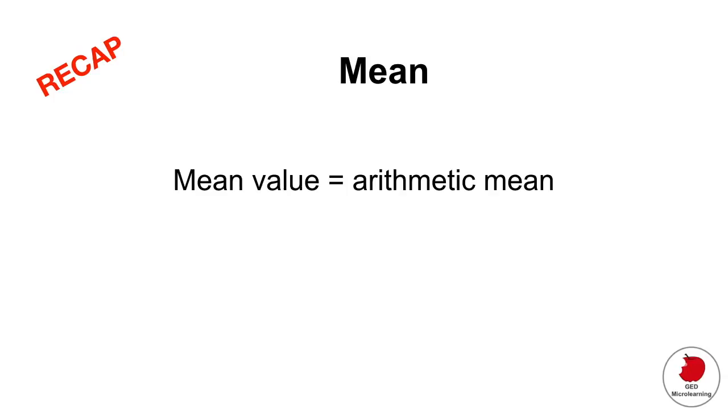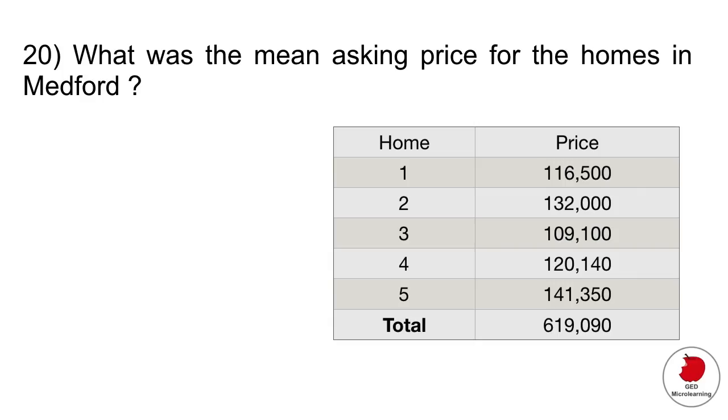So in order to get the average, basically you would, this is incorrect, I'm sorry, it should be the total that you got divided by the total number of items. So what you would do here is add up all of the prices of the houses, which is that number you can see in the bottom right, and then divide by the total number of homes, which is 5 homes.